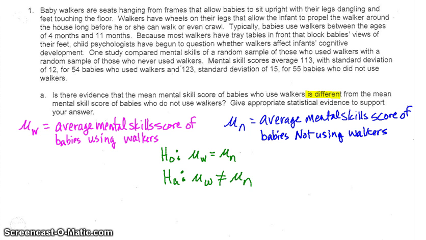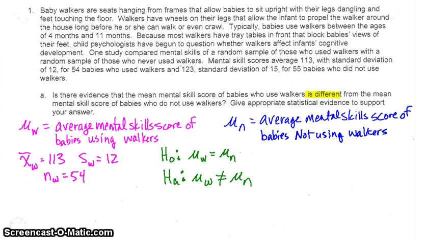Now we're talking about some summary statistics. We have x bar sub w equal to 113, s sub w equal to 12, and n sub w equal to 54.